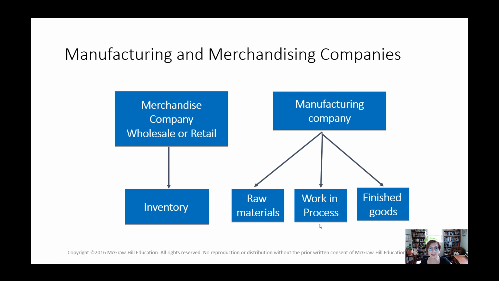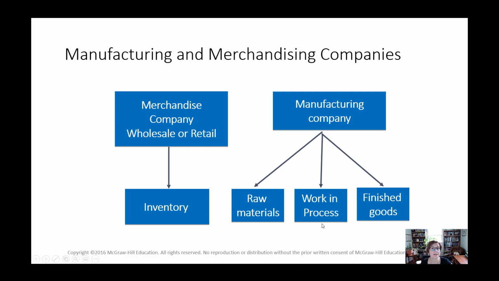So let's say you're making custom-made bicycles and it's partially assembled, but maybe some of the parts haven't been put onto the bicycle yet, or the finishing touches haven't been put on. So that would be considered work in process. So those are inventory items that have been started but not finished.